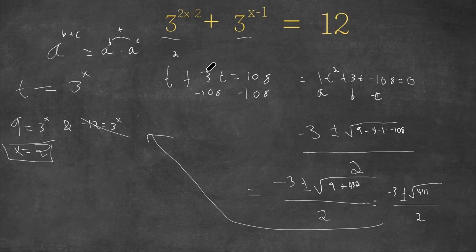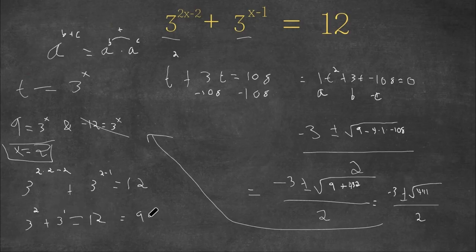Now, why don't we plug this into our equation here? This would result in 3 to the power of 2 times 2 minus 2 plus 3 to the power of 2 minus 1 equals 12. 2 times 2 is 4, and 4 minus 2 is 2, so this would be 3 squared plus 3 to the power of 1 equals 12. 3 squared is 9 plus 3 to the power of 1 is 3.